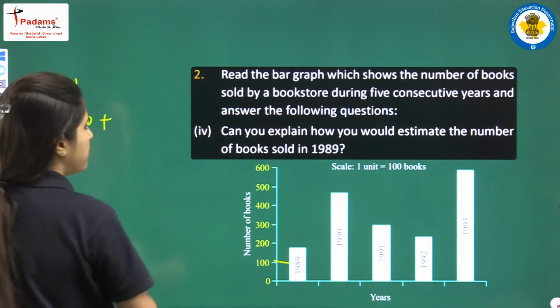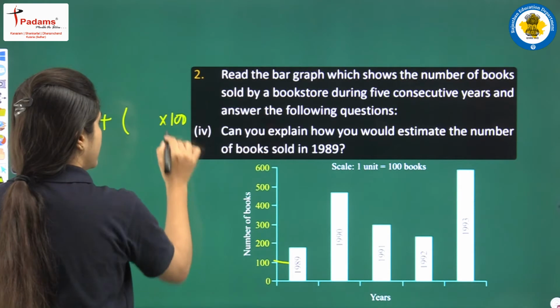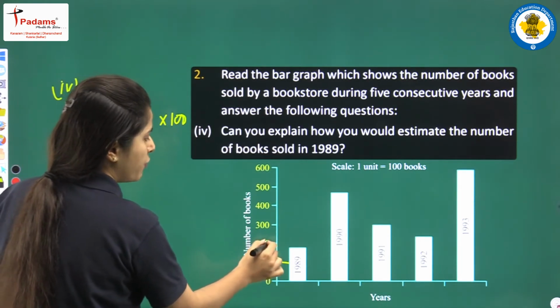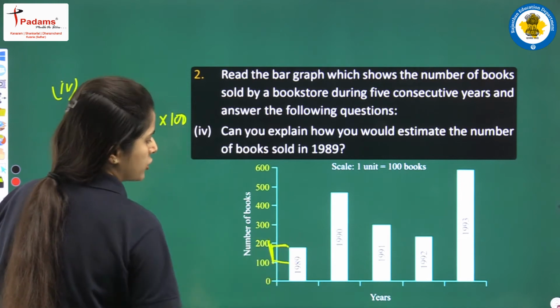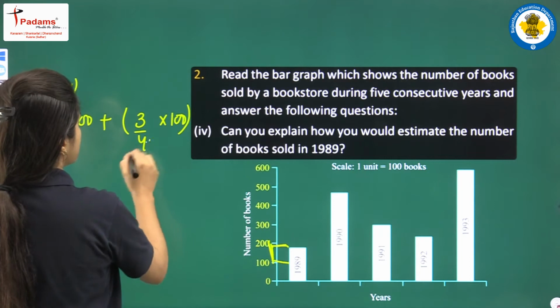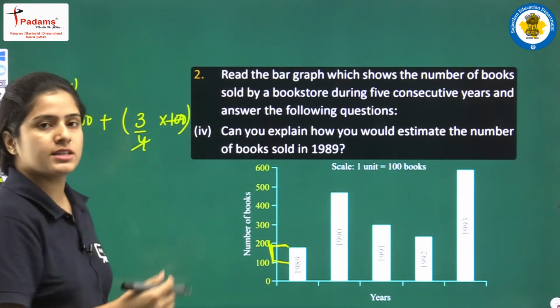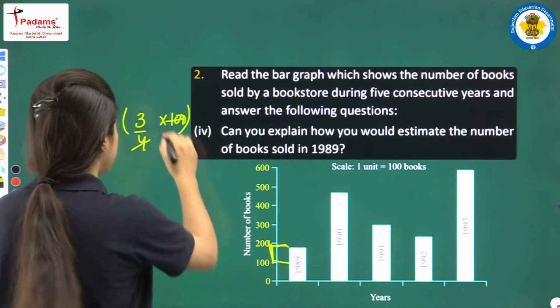The first unit is complete, and the second unit contains also 100, but only 3/4 part of it is covered. So 3/4 of 100: the 4 will cancel from the table of 25, since 4 into 25 is equal to 100.